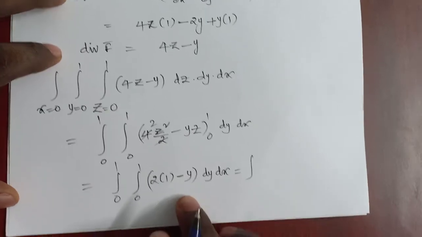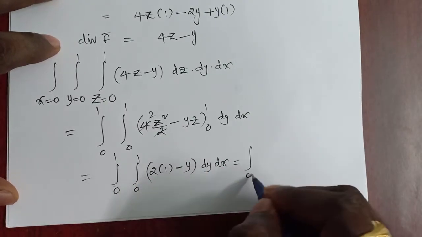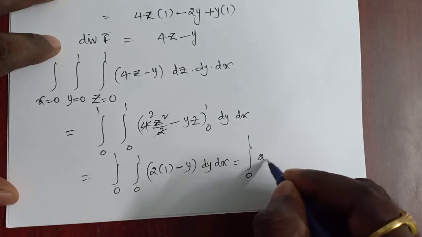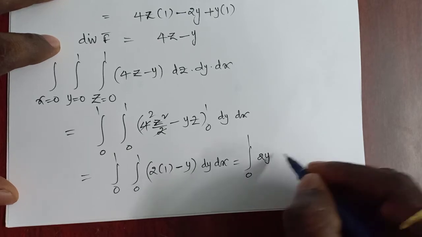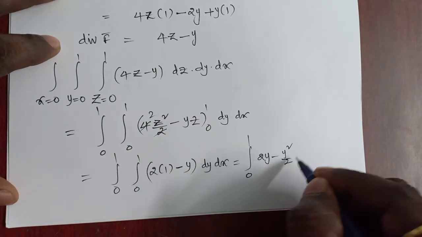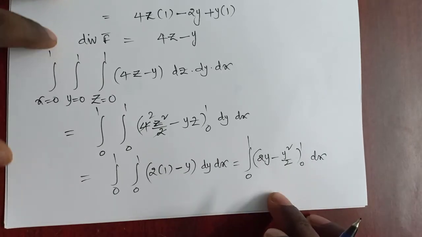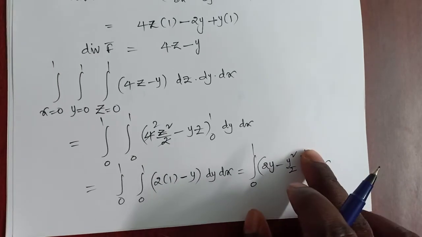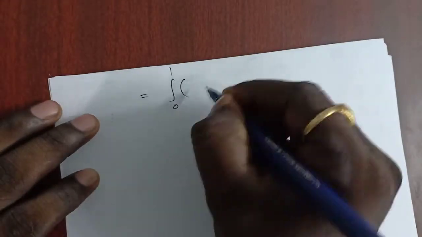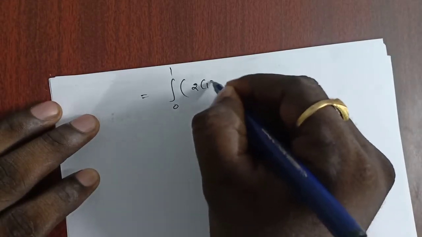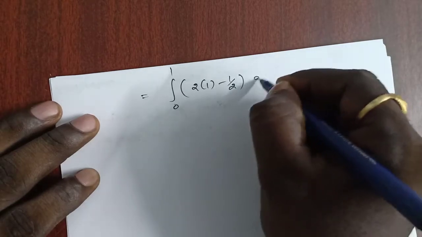Now coming to the integration with respect to y, from 0 to 1, 2 is a constant, so for 2 it is 2y minus y square by 2, and the boundaries are 0 to 1, dx. Now substitute the upper boundary, which gives the integration from 0 to 1 of 2 into 1 minus 1 by 2, dx.